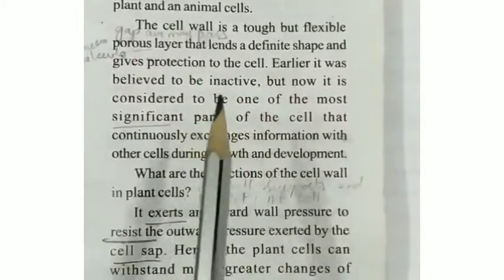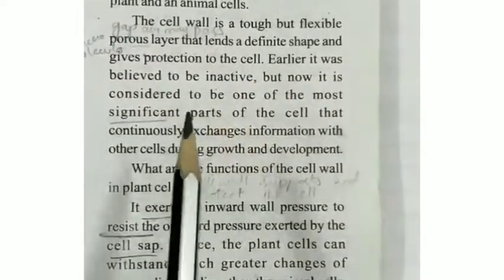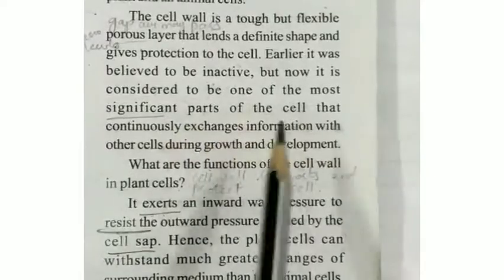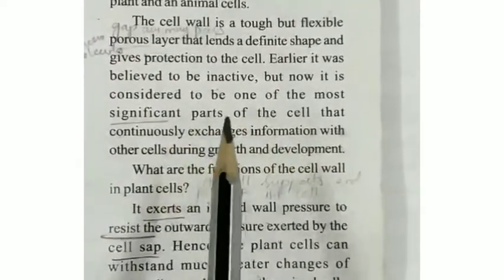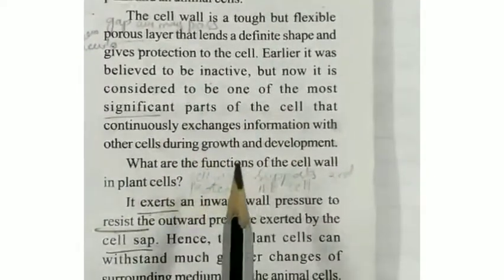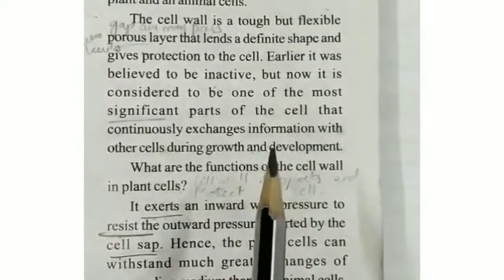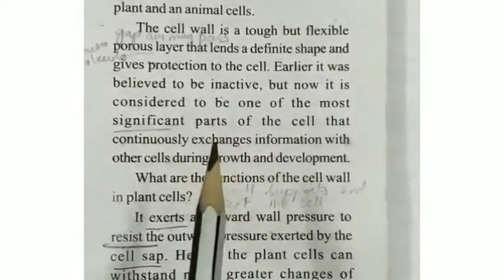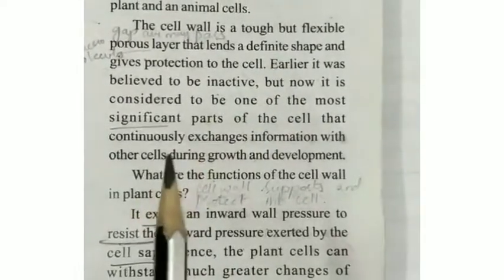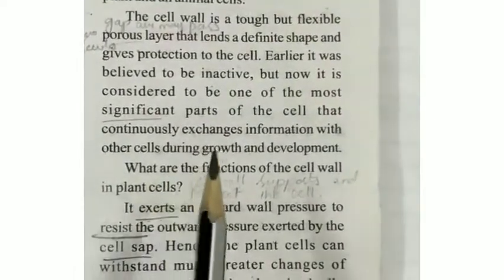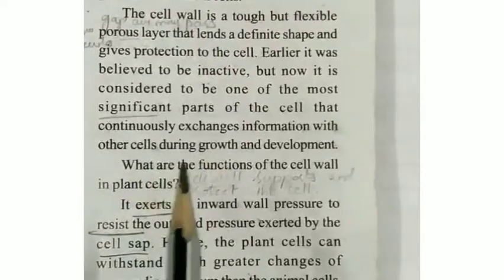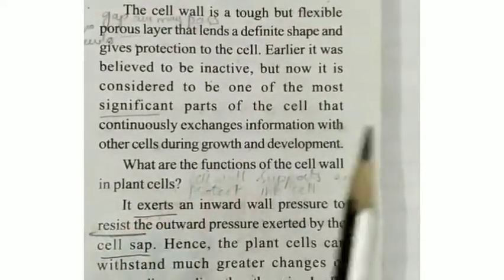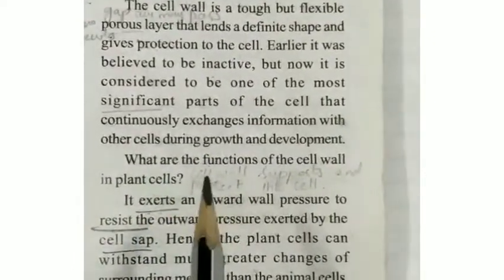Earlier it was believed to be inactive, but now it is considered to be one of the most important parts of the cell, which continuously exchanges information with other cells during growth and development.